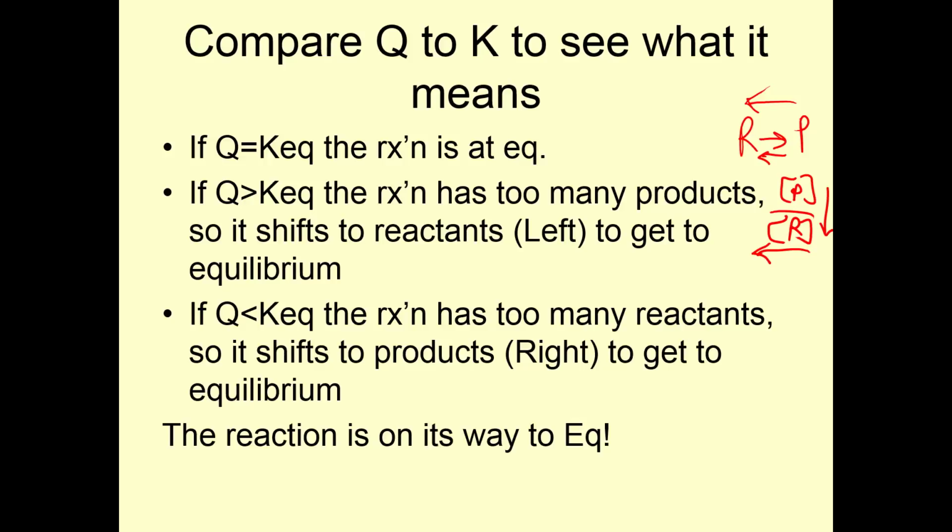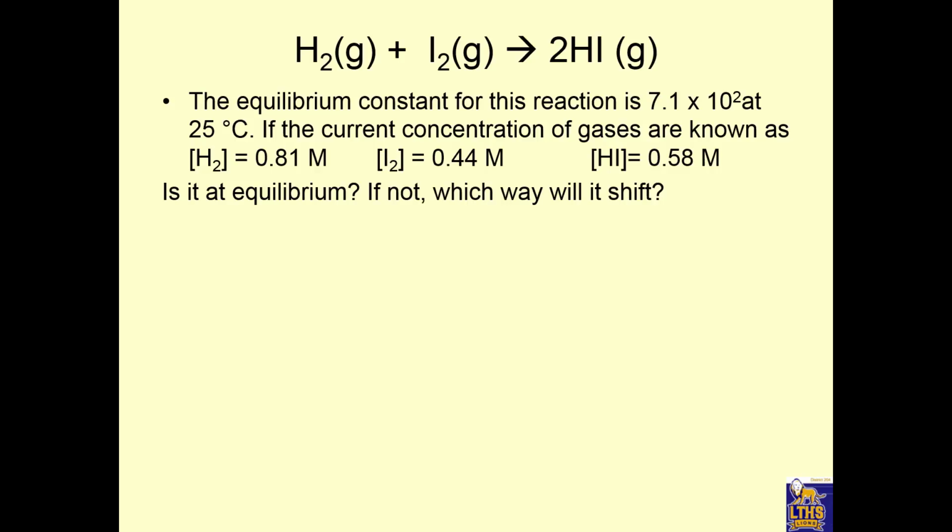Okay. Now if Q is less than K, the product over reactants again, if this number is too small, this number has to get bigger. So it has to get more of the top number, and so it has to shift towards products. Right? So Q can tell us information about how close to equilibrium we are, or which way we have to go.